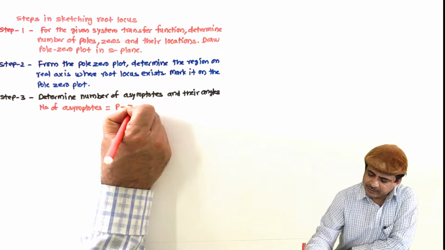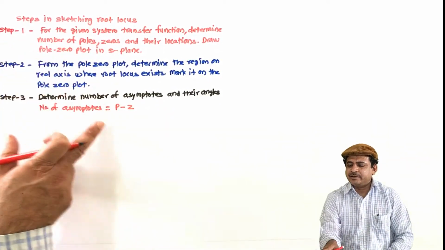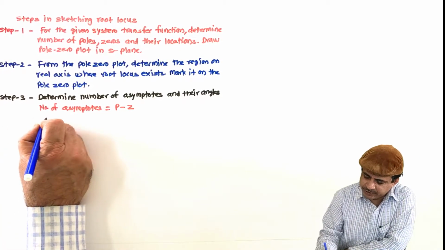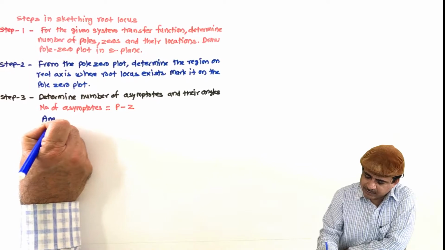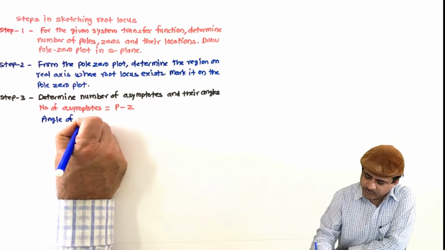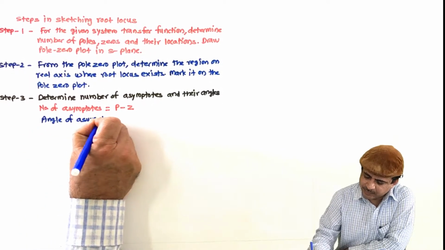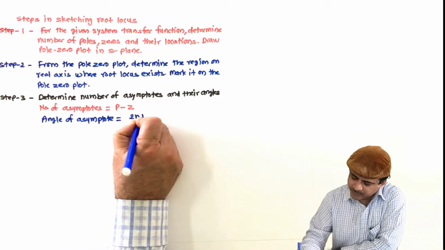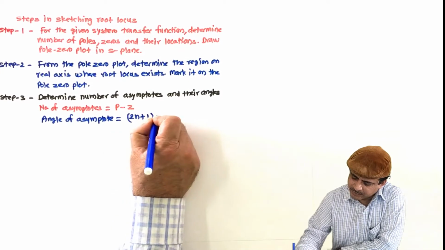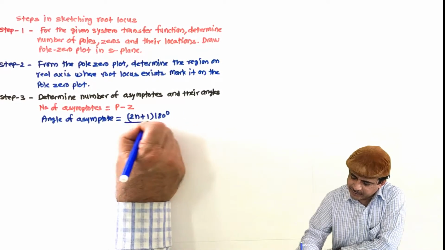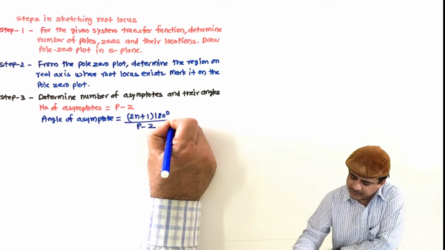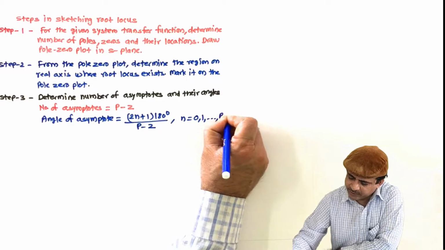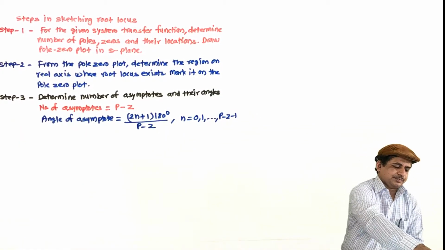It is equal to P minus Z, where P and Z can be substituted here. And the angle of asymptote theta is equal to (2n plus 1) times 180 degrees upon P minus Z, such that n is equal to 0, 1, and so on up to P minus Z minus 1.